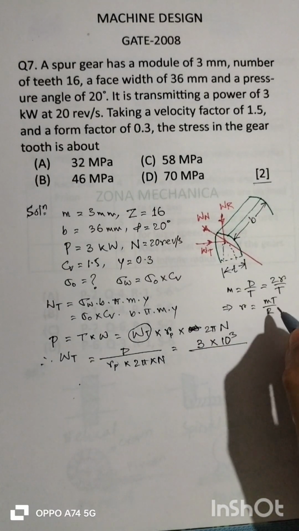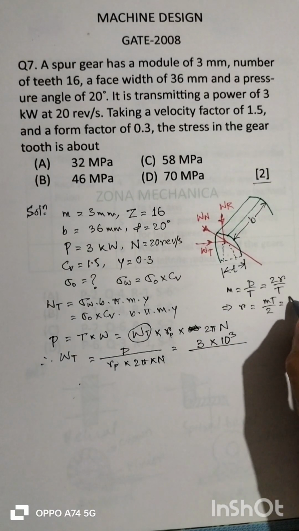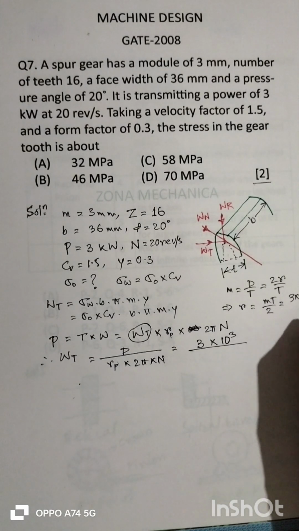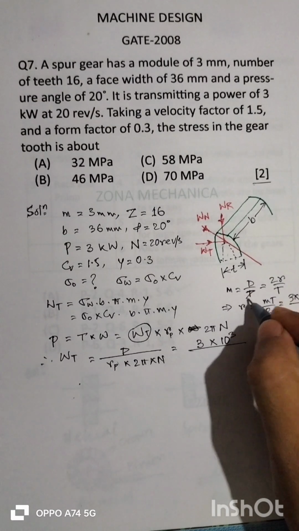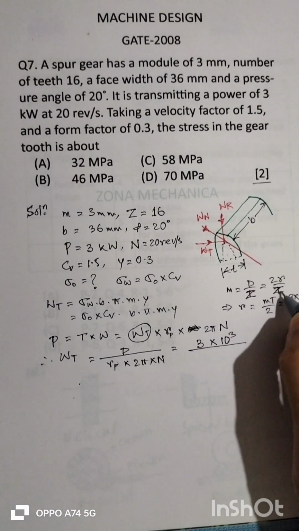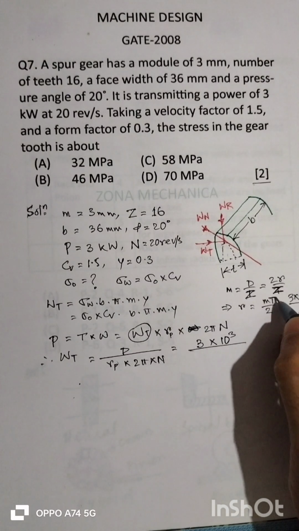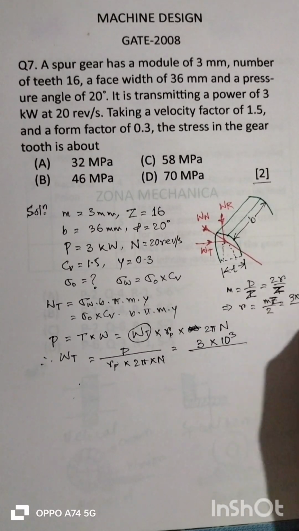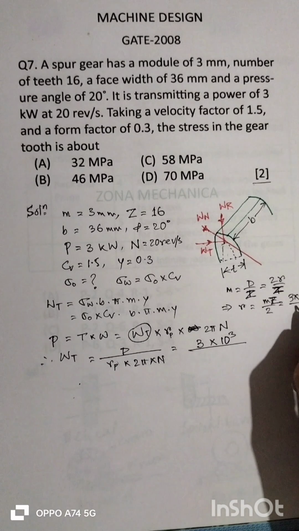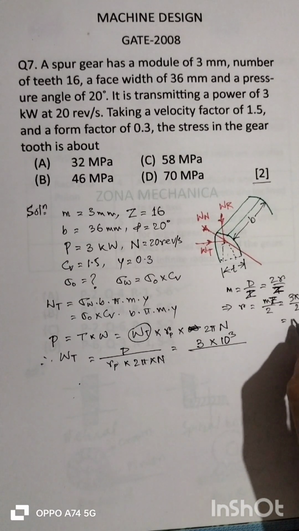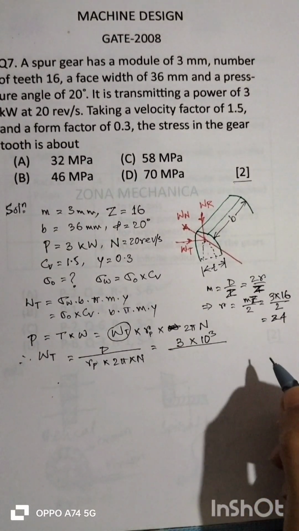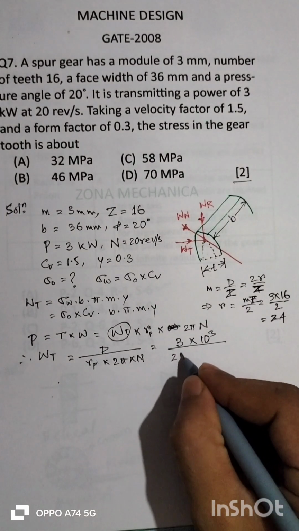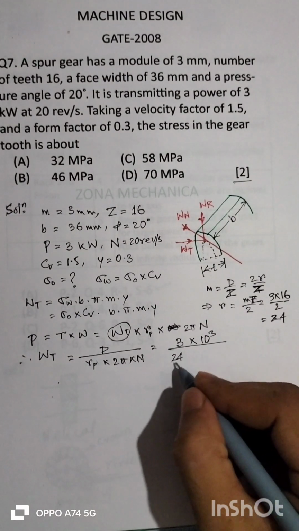Here t is nothing but z, so instead of t I am writing z. So r is m z by 2, that is 3 multiplied by 16 by 2, which is equal to 24, and this is in millimeters.